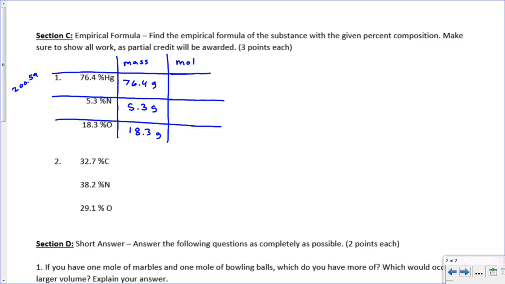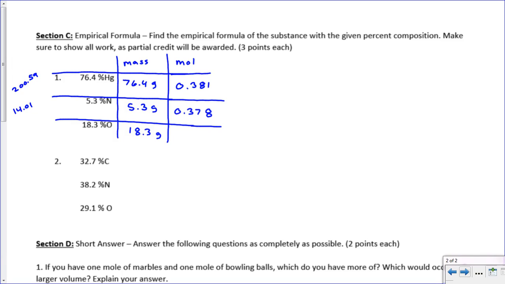So we use that 200.59 in this problem, and we divide 76.4 by 200.59, and you get 0.381. For nitrogen, the molar mass is 14.01. So we take 5.3 and divide it by 14.01, and you get 0.378.